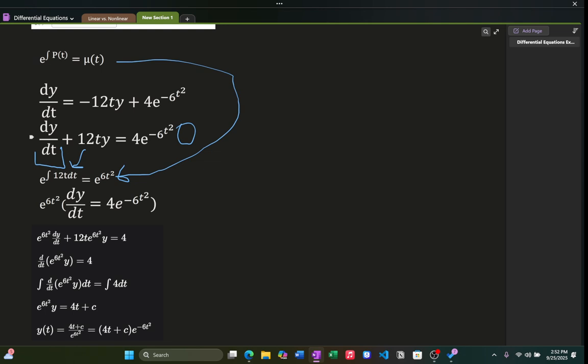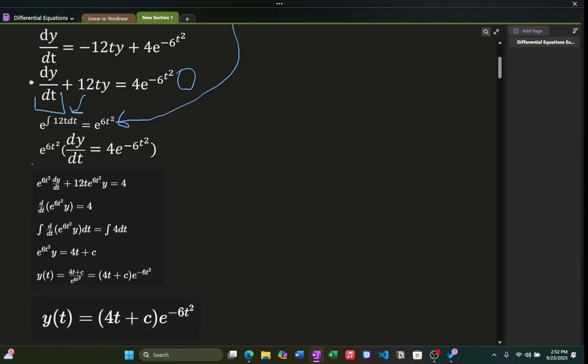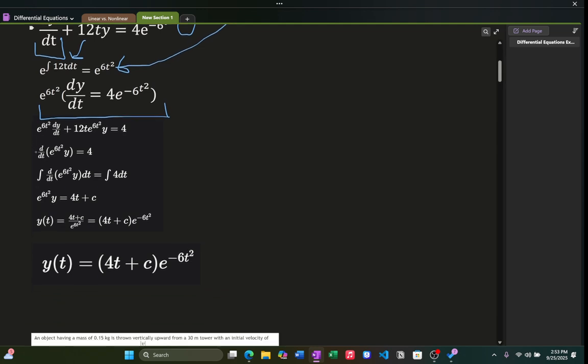Now we have to multiply by that integrating factor. Keep in mind that we multiply everything by that integrating factor. After we do that, we will be at this step right here. This step is the most crucial step that a lot of people will mess up on. Right here, as you can see, this e to the negative 6t squared disappeared.